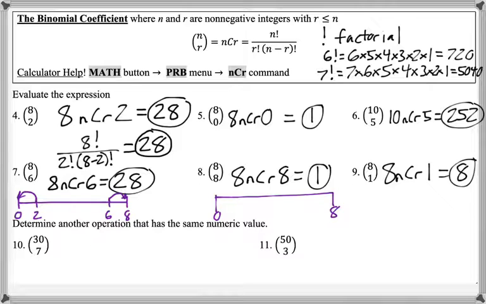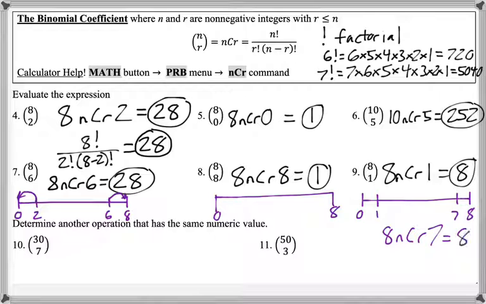So looking at 8 choose 1, 0 being the lowest, 8 being the highest, 1 would be here. To get a matching value to 8 nCr 1, you would actually use 8 nCr 7. And that would be equal to 8 as well.